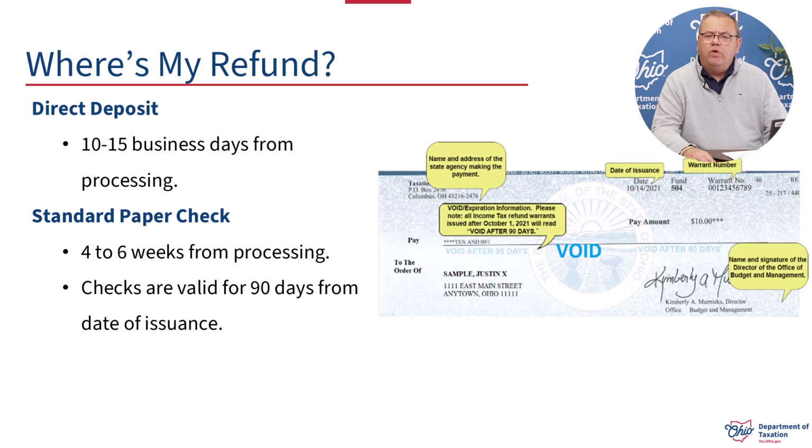So please allow 4 to 6 weeks for processing of that. Once you've received that, you'll look at the date. You have 90 days from the issuance date to cash that refund check. Once that 90 days is up, that check would be void or stale dated. So we urge and encourage everyone to please cash that check in a timely manner.